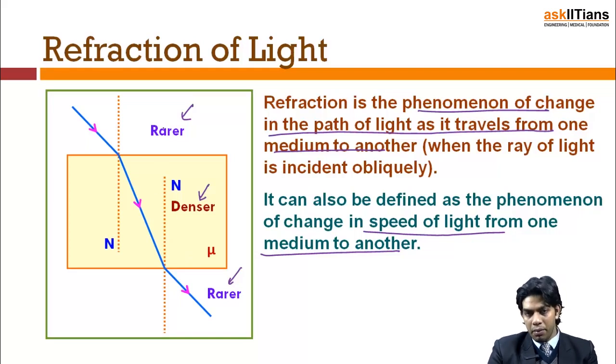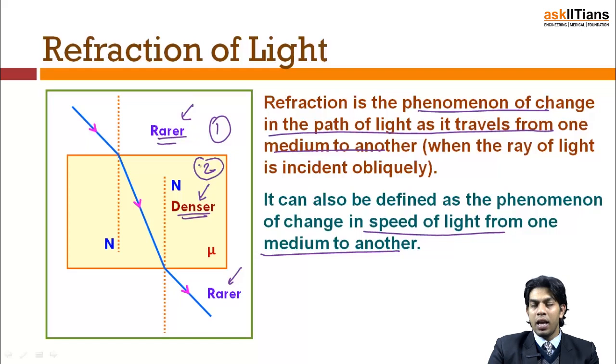Now, a rarer medium is basically a medium in which the speed of the light is more than in the medium present on the other side of the surface. So let's say I have two media, 1 and 2. If the speed of the light is greater in medium 1 than in 2, then 1 is called a rarer medium and 2 is called a denser medium. So rarer and denser are simply relative in nature.